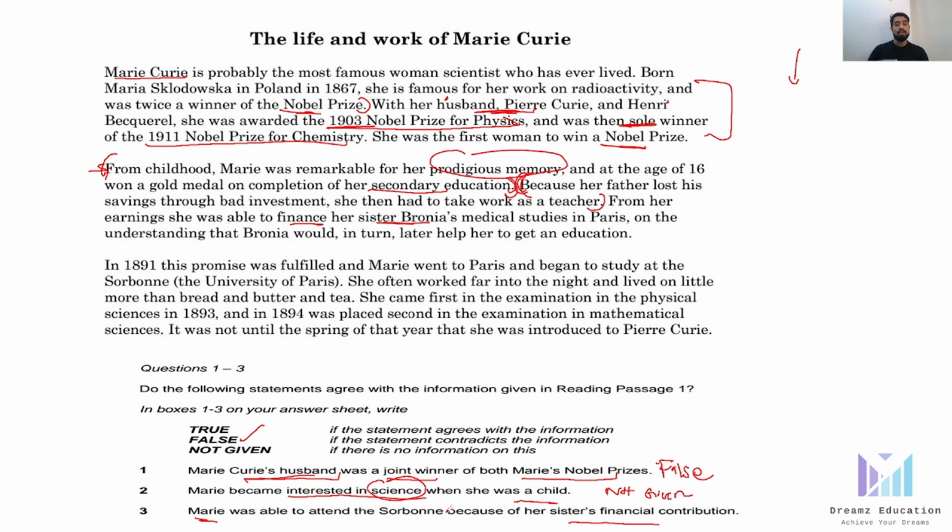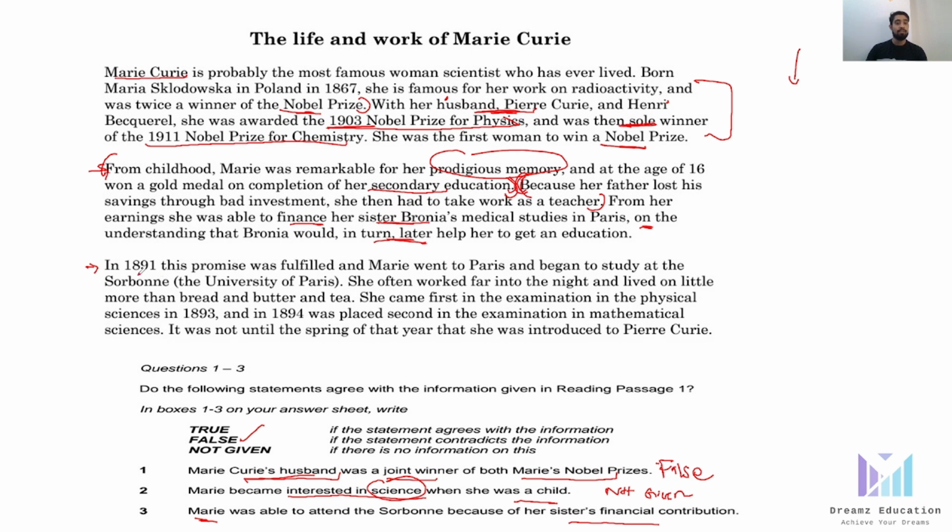Mary was able to attend Sorbonne because of her sister's financial contribution. Her sister should have helped Mary, correct? But in this statement they are telling that from her earnings she was able to finance her sister's, so that is opposite. But still, on the understanding that Bronia would in turn later help her to get an education. There was an understanding. Once Bronia, her sister, finishes her education, she should help Mary to get her education. So what happened later?